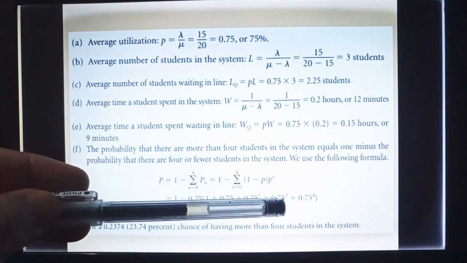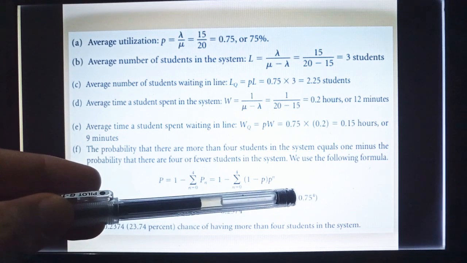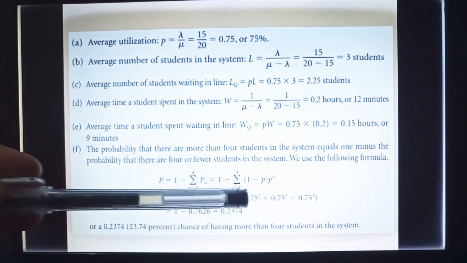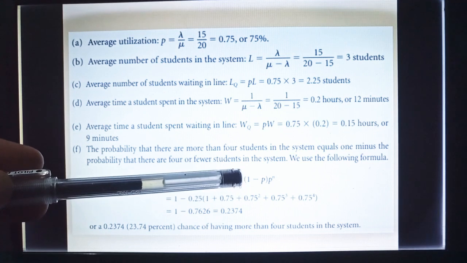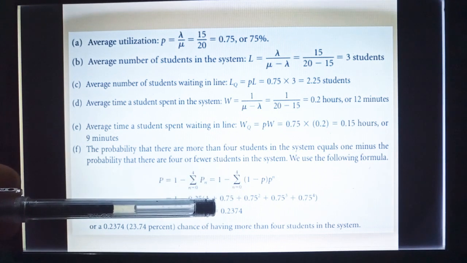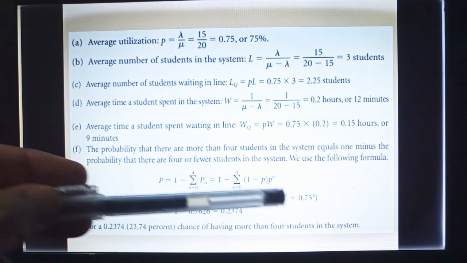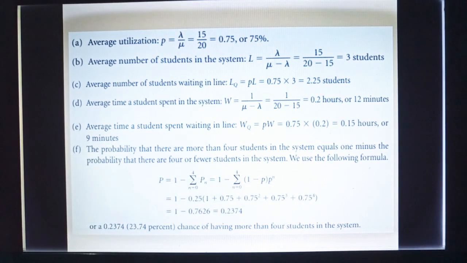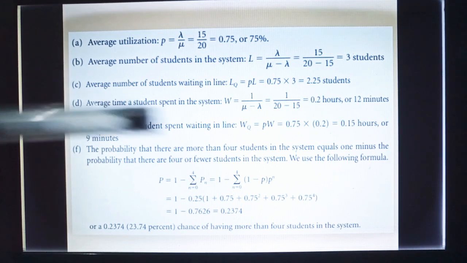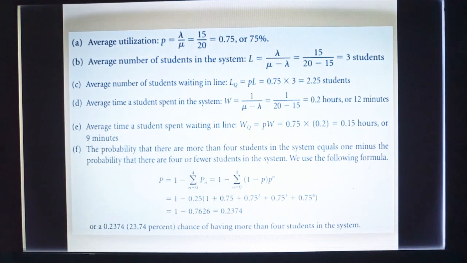P raised to n, that is 0.75 raised to n, because n starts from 0 to 4. So from 0 we have 0, 1, 2, 3, 4. So that is equivalent to 0.2374.